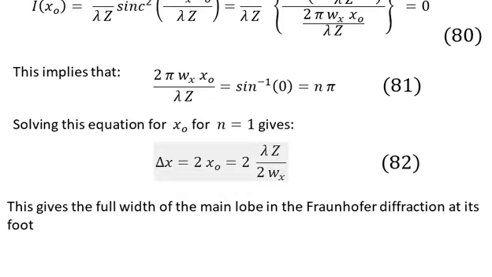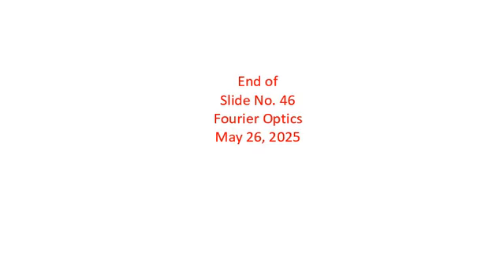So 2x naught is actually the width of the main lobe at the points where it intercepts the x-axis, and we have denoted that by delta x. So equation 82 gives you the width of the main lobe. So this gives the full width of the main lobe in the Fraunhofer diffraction at its foot. So this is the end of slide number 46.